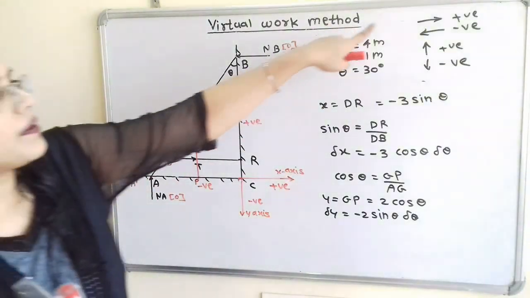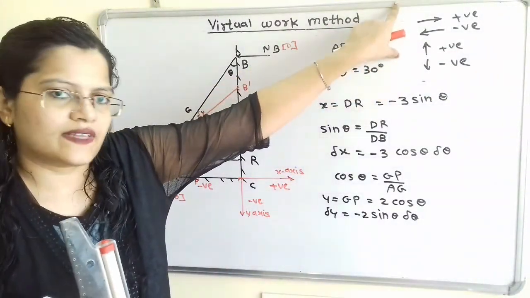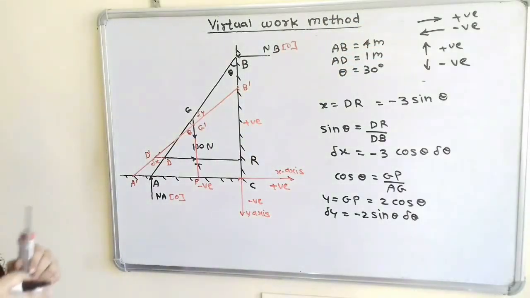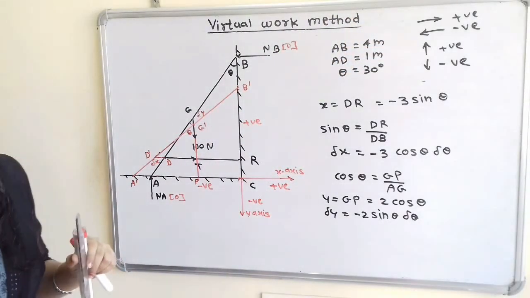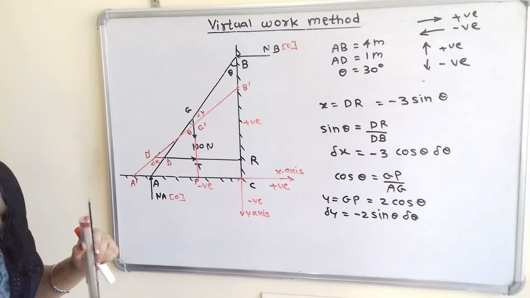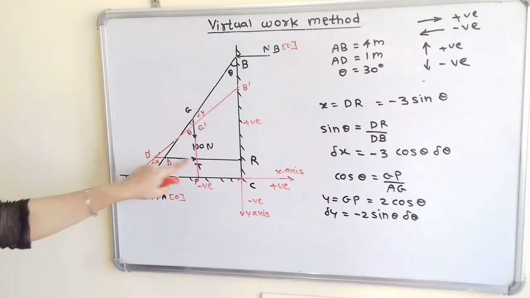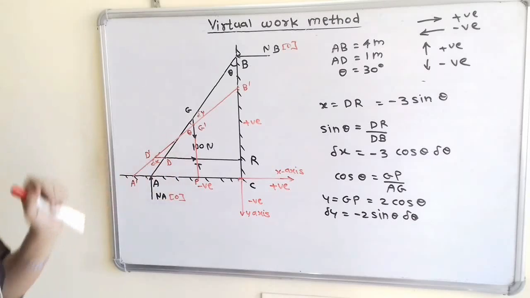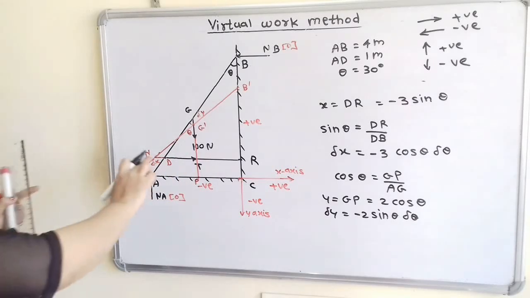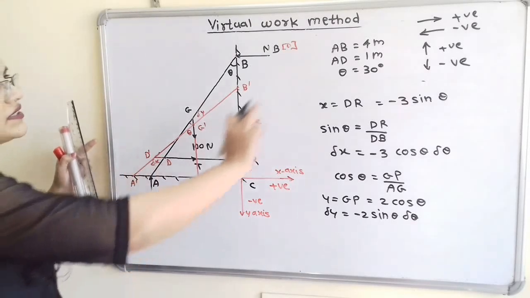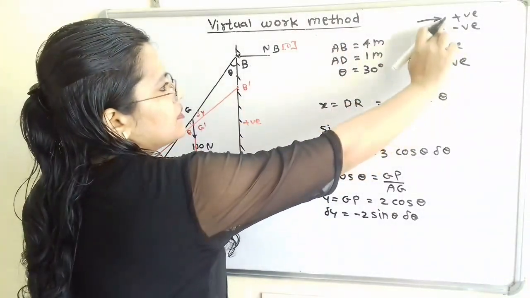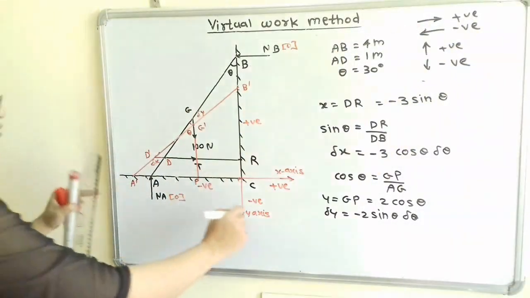So this is applicable for both forces as well as displacement. So by virtual work method we know we have to take force multiplied by displacement. Now at point D, the force is T and which is unknown. Now direction of T is towards right hand side, that is we have to take positive sign.